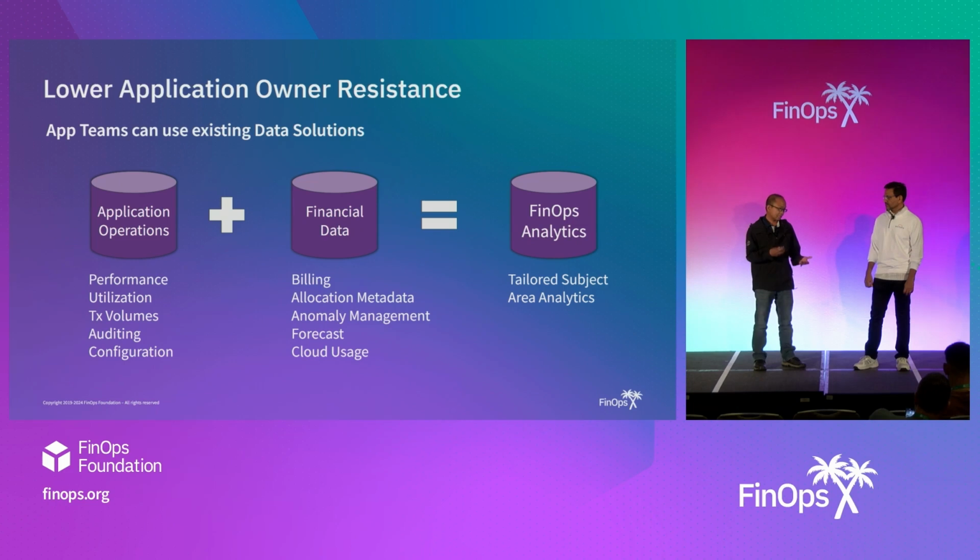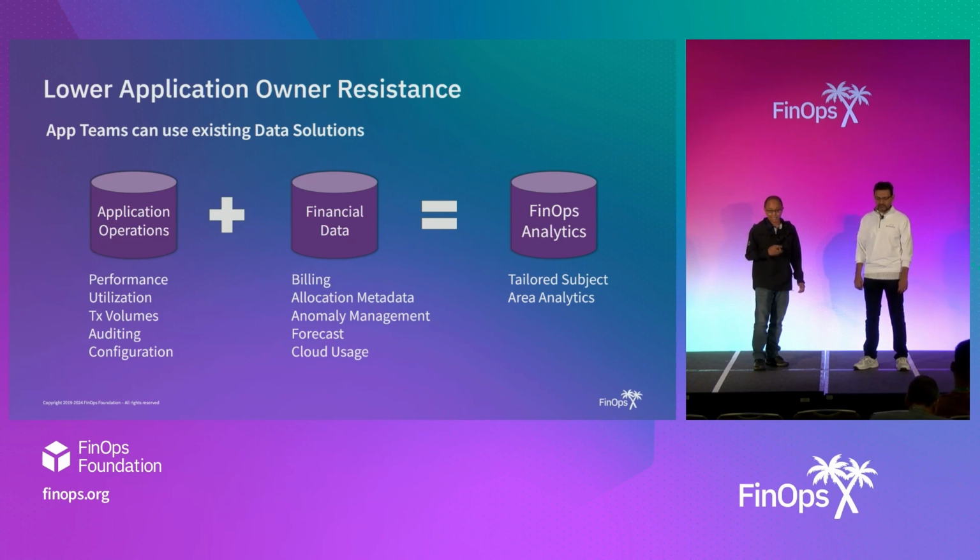So a technique that we're doing is we are leveraging technologies that allow these application teams to continue to use their existing data solutions. Now, these data solutions can be observability solutions that they're using for performance monitoring, measuring resource utilization, or measuring transaction volumes, or even going through user auditing or environment configuration details.